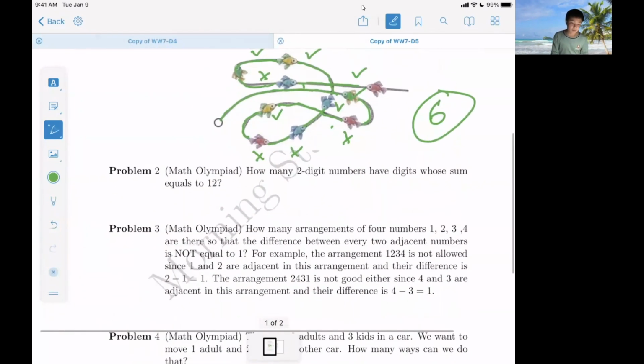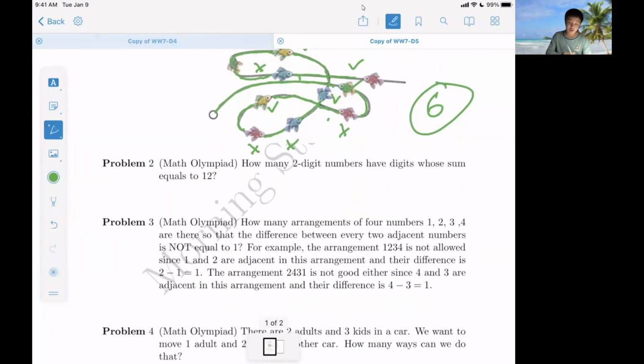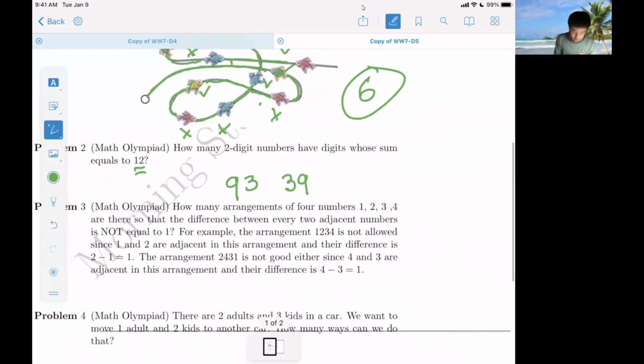For problem number 2, the smallest number that can be in this 2-digit number is 3, because the largest number is 9. When 9 is added to 3, we have 12. So we have 93 or 39. Another case would be 8 and 4.